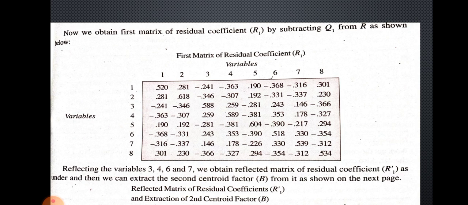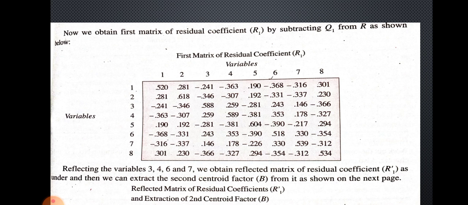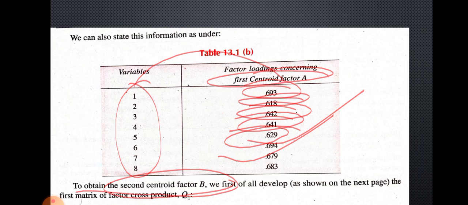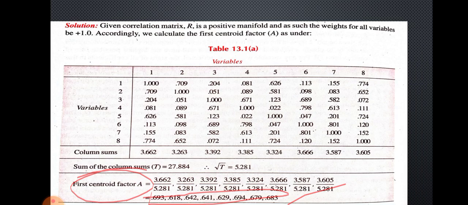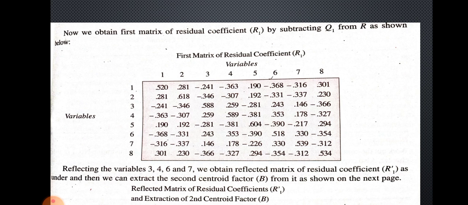Afterwards, we obtain the first matrix of residual coefficients R1 by subtracting Q1 from R as shown below. Okay, we have to subtract Q1 from R. So what is our R here? When you subtract, R is our 1.